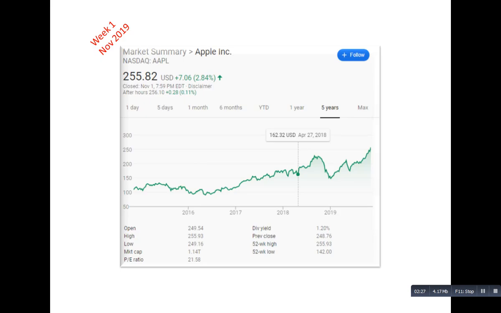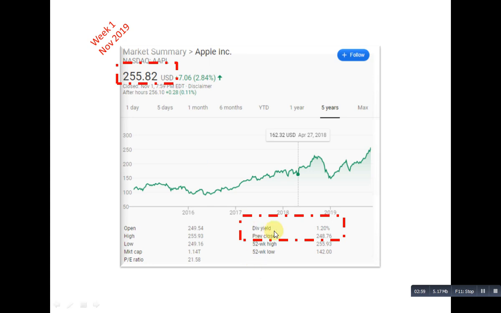So when we're talking about these two options, whether we'll buy stock or we'll buy options, at the time of week one of November 2019, the stock price of Apple is around $255.82. That is the stock price. Another key factor which is going to matter in this discussion is the dividend yield.